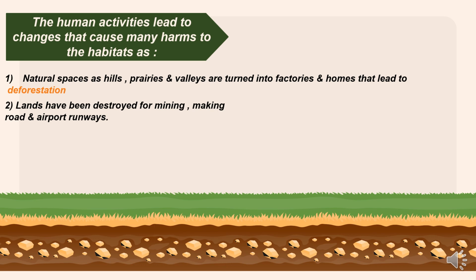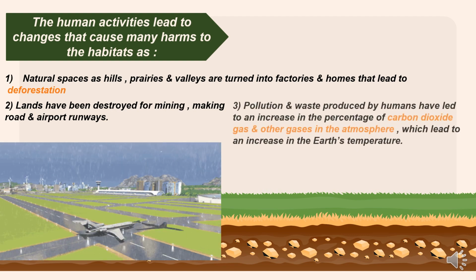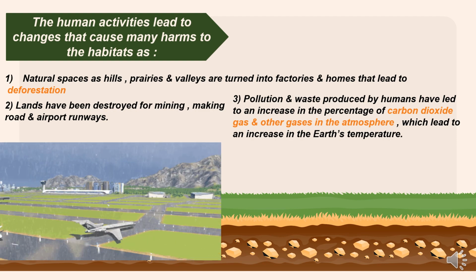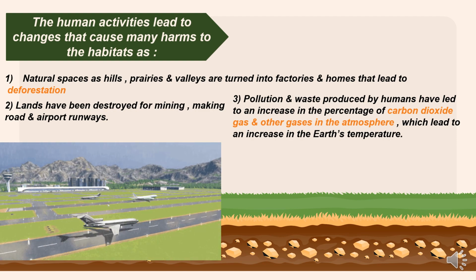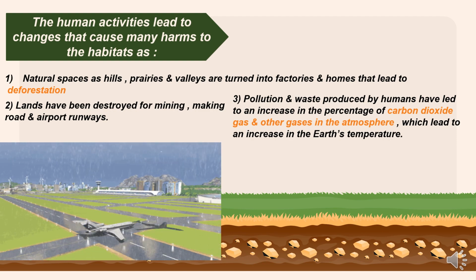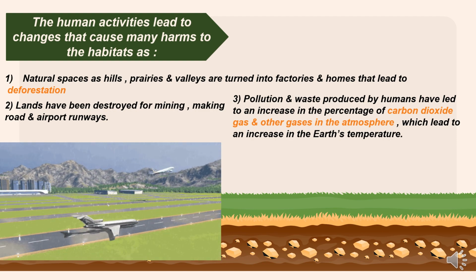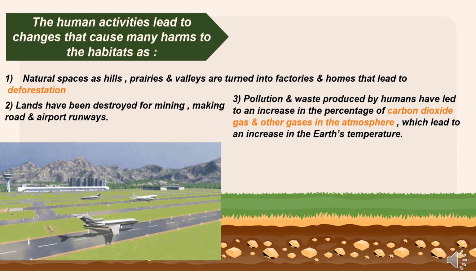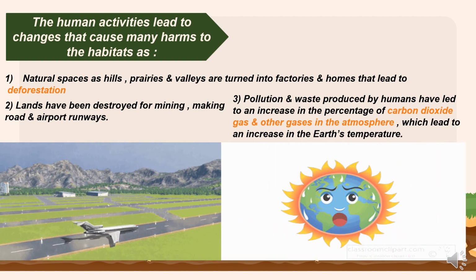Also, lands have been destroyed for mining, or extracting metals from underground, and for making roads and airport runways. Also, the pollution and waste produced by humans have led to an increase in the percentage of carbon dioxide gas in the air. When the percentage of carbon dioxide increases in the air, this leads to an increase in the Earth's temperature.